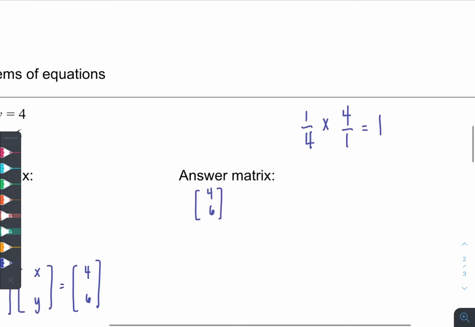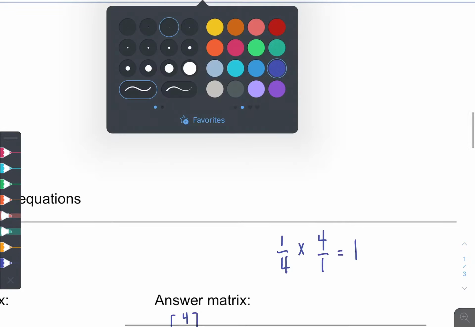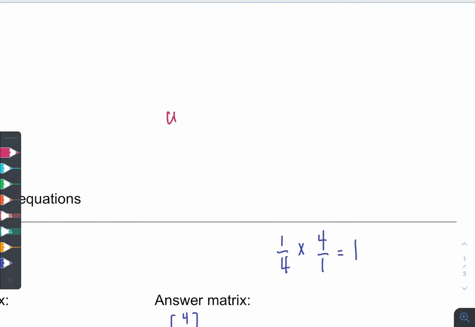So here I just want to make a note about the coefficient matrix. I would write this down.